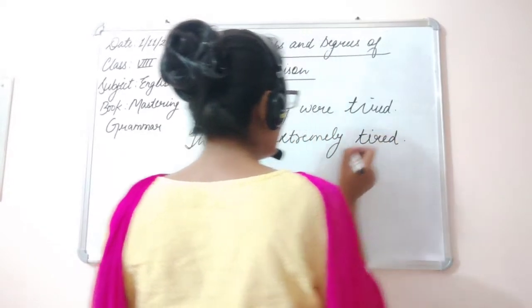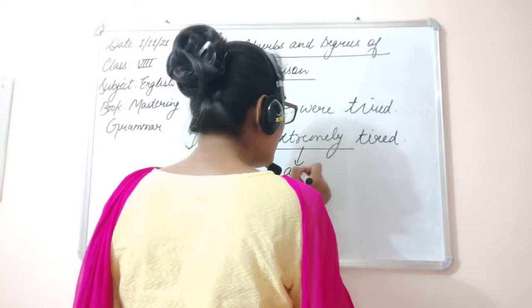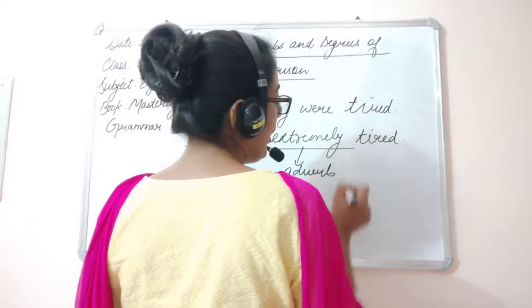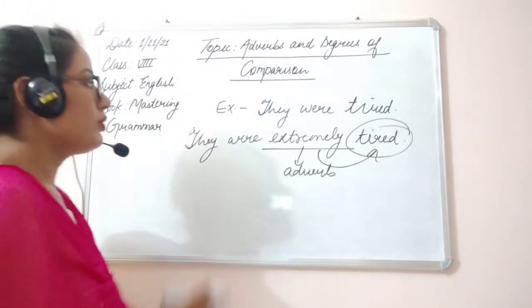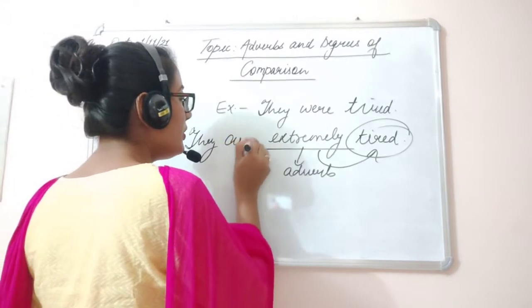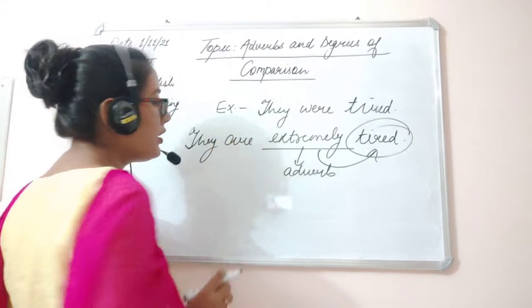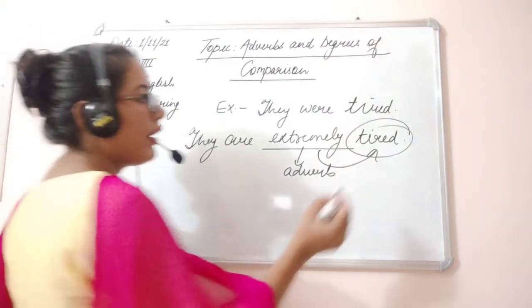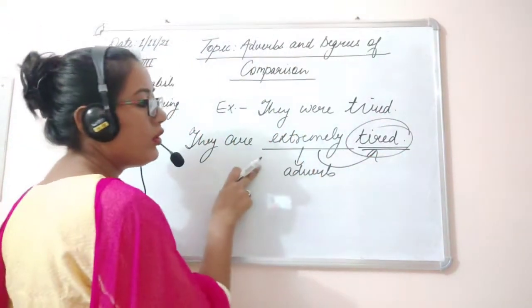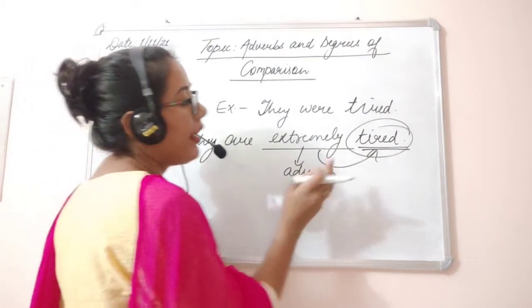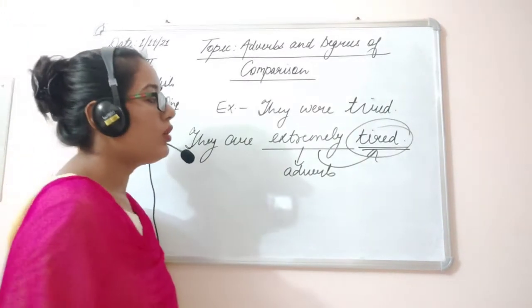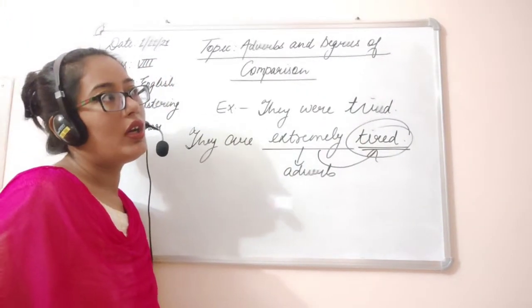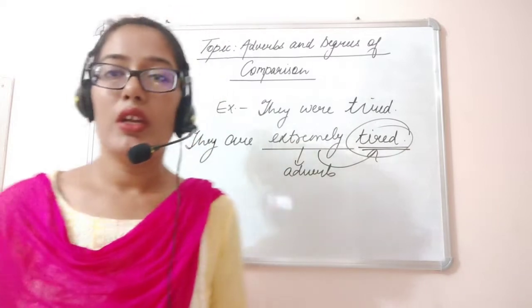Here extremely is an adverb, and it is modifying the word tired. Adverb is something that adds more meaning. Tired को more meaning provide कर रहा है, by adding extremely, tired is getting more meaning. So adverb adds more meaning to the verb. It also modifies the verb, adjective, or another adverb.